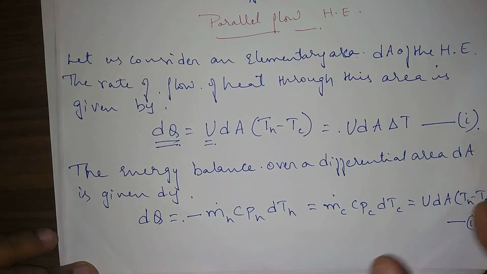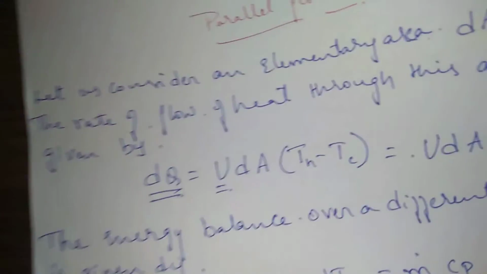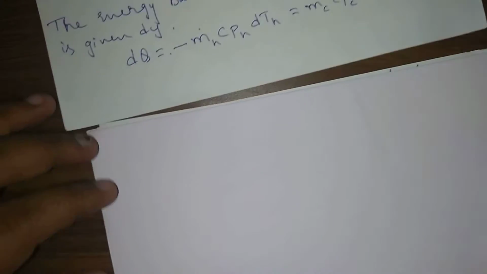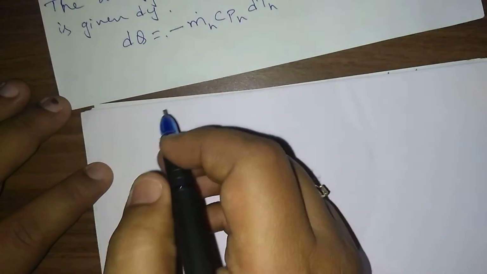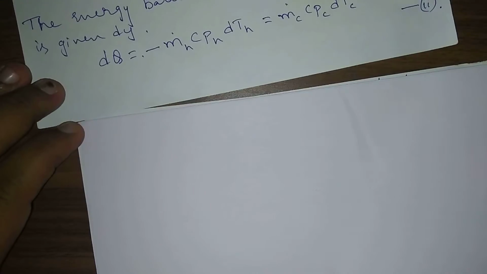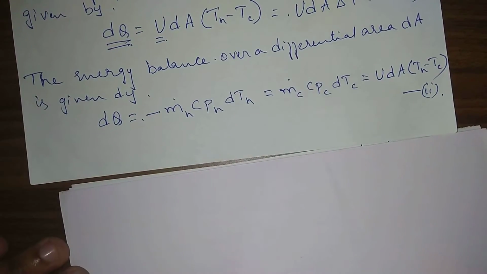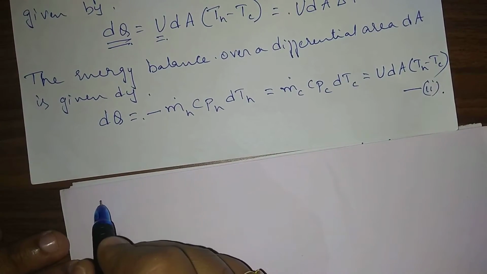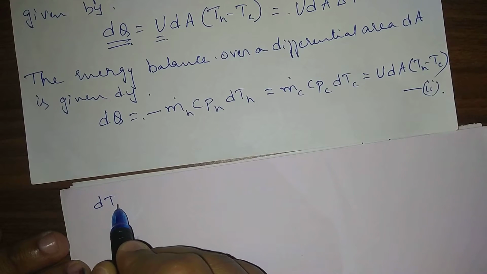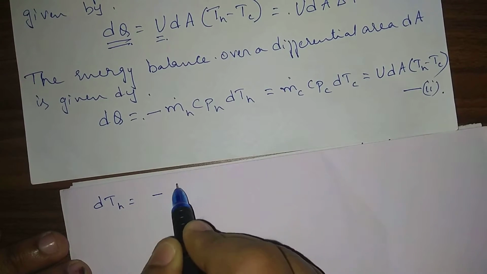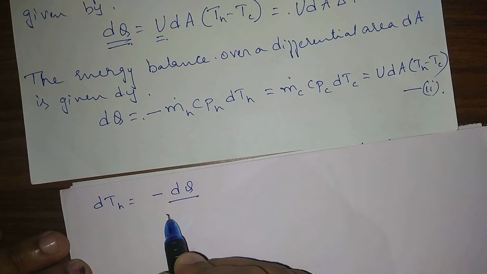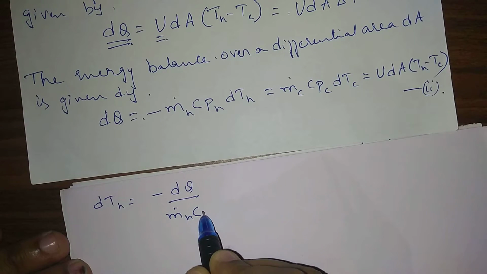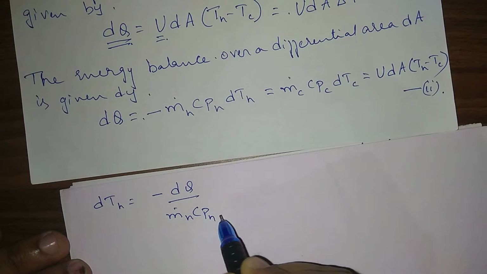Now let us make a small modification in this. I'll write it in a different form: dTh equals minus dq by m dot h Cph.